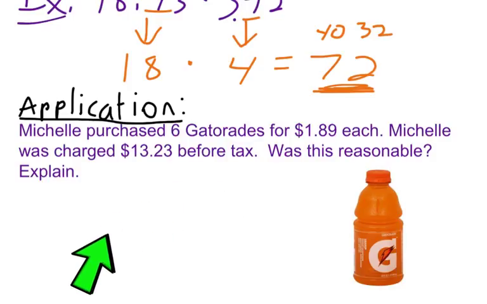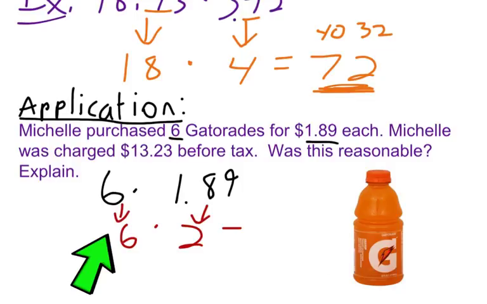So let's round. It's really 6 groups of $1.89. So it's 6 times 1.89, and we're going to round. We're going to keep the 6 the same and round the 1.89 to the nearest whole number, which would be 2. And 6 times 2 is $12.